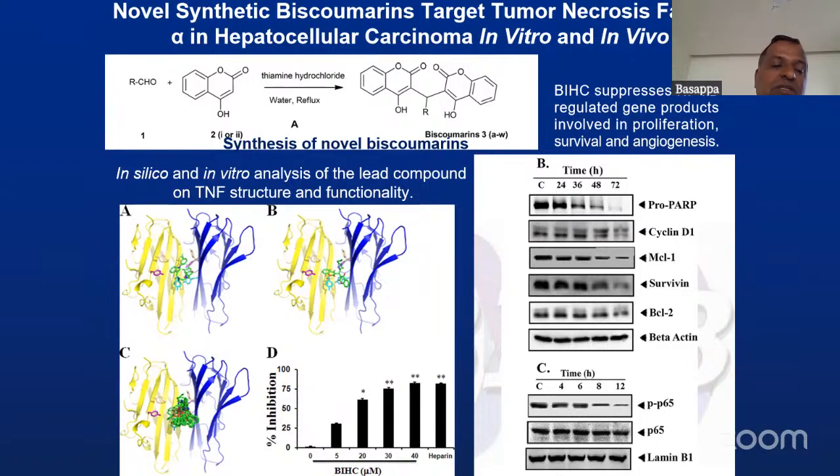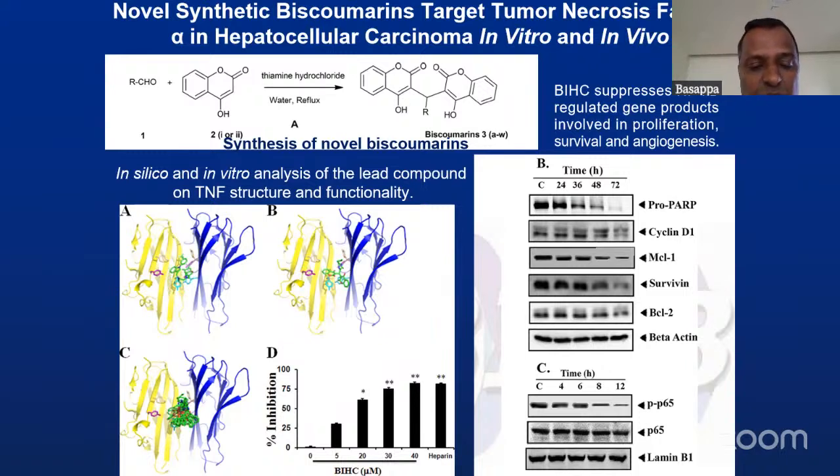We took such a crystal structure and compared it with the known ligand that disrupted the trimerization of TNF to dimer, where our compound could reside at the same site where the co-crystal ligand was occupied.